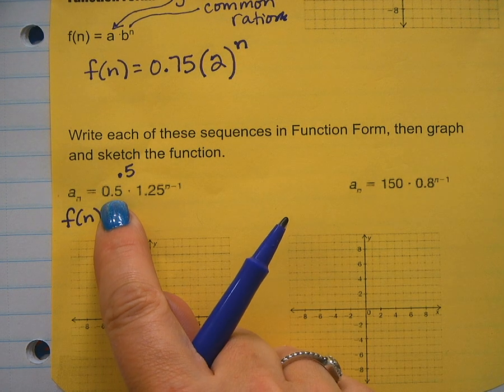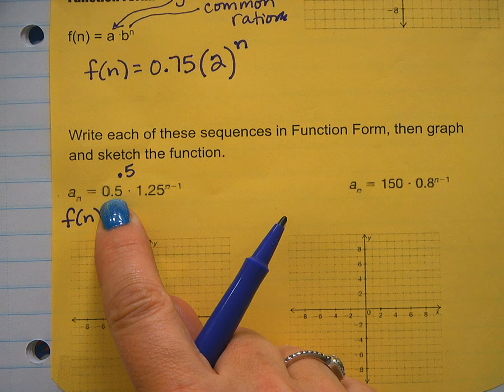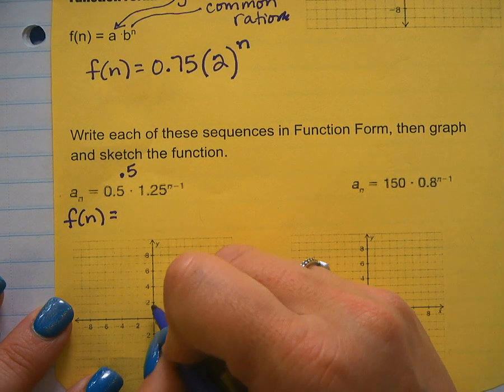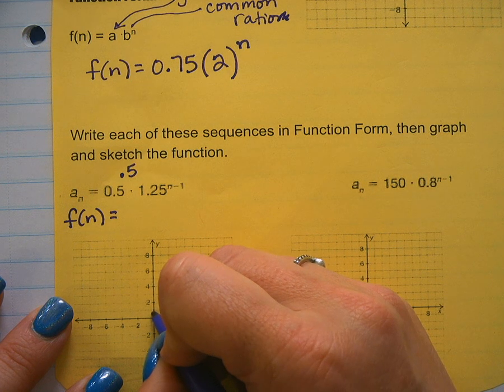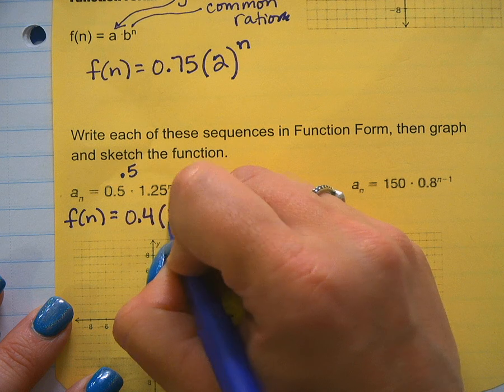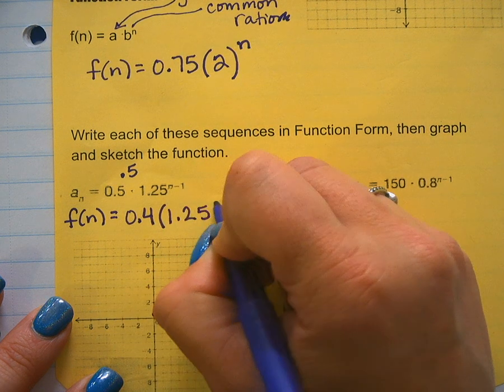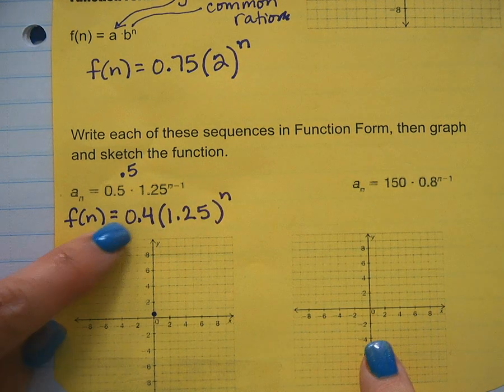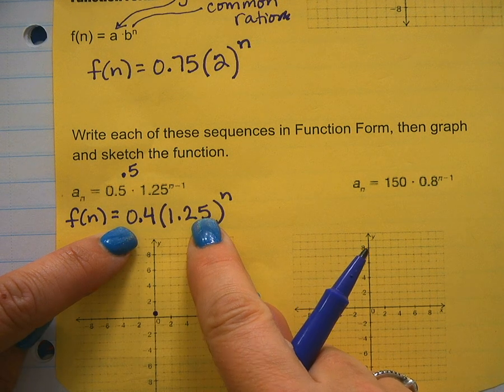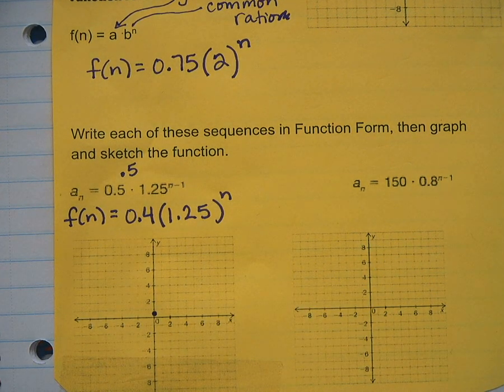So can you please divide 0.5 by 1.25? And somebody tell me what you get. 0.4? Okay, so that's going to be 0.4 is our y-intercept. We still have our growth factor of 1.25 to the nth power.